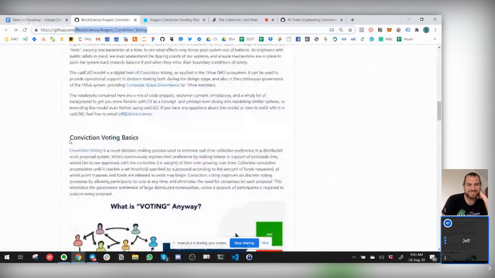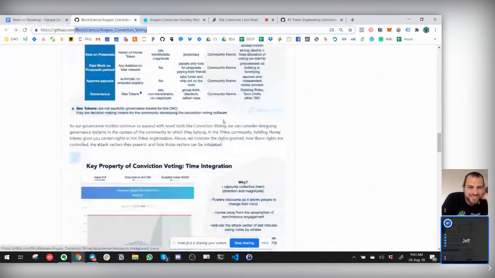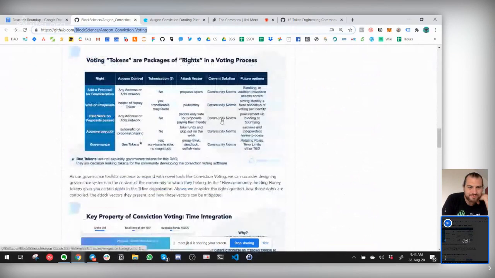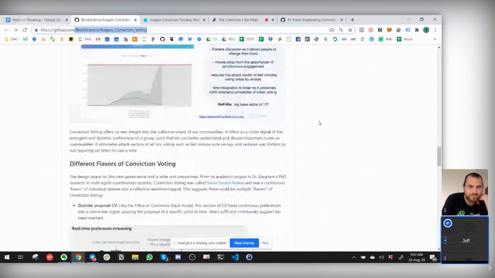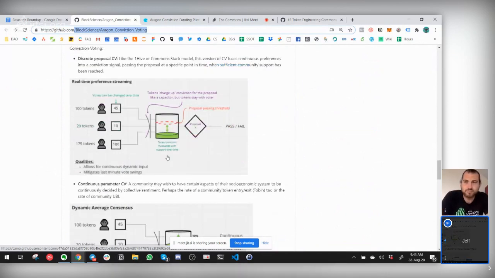Yeah, totally. Giving a bit of the high level background, some of the considerations when you're implementing conviction voting really depend on the context. This model is mimicking the OneHive community use case, which is similar to a lot of DAO implementations. It talks about a couple of the different flavors of conviction voting. Once it hits a certain threshold, the proposal passes, which we see with the current Aragon conviction funding pilot.